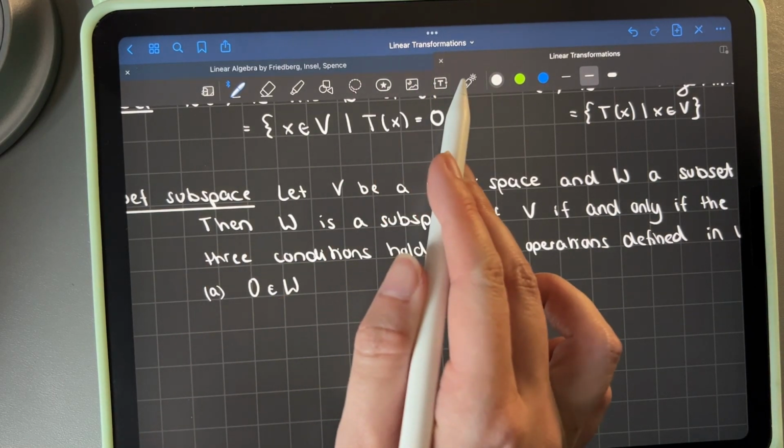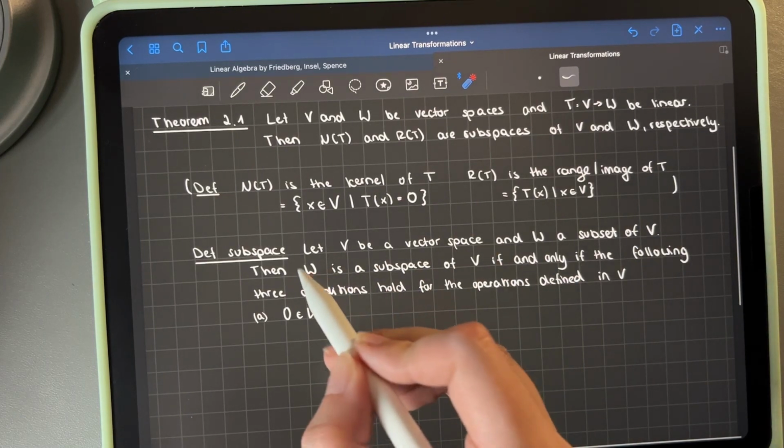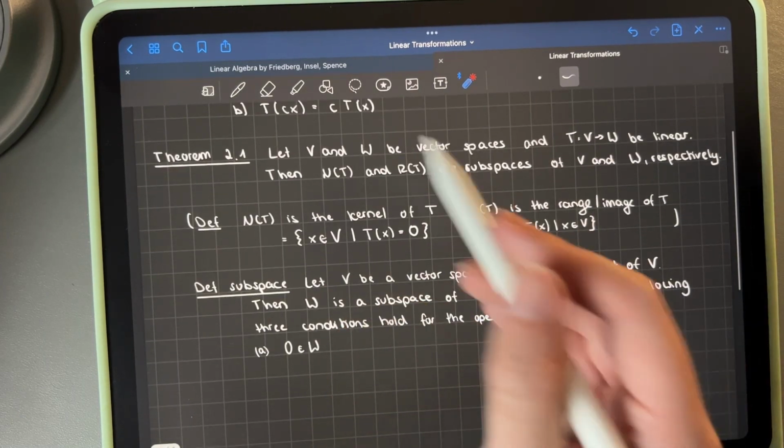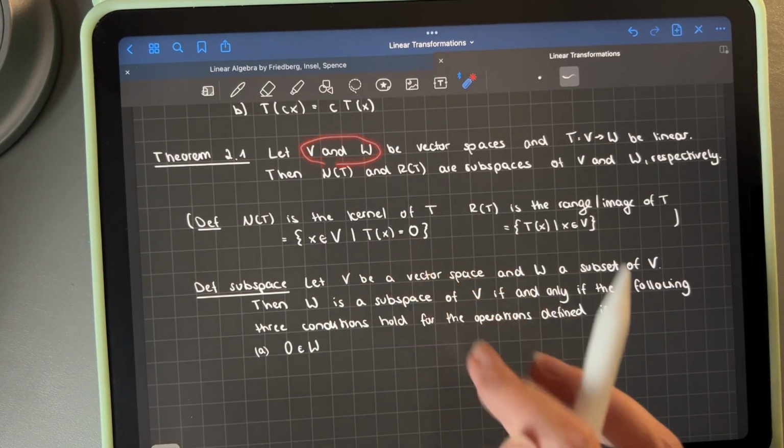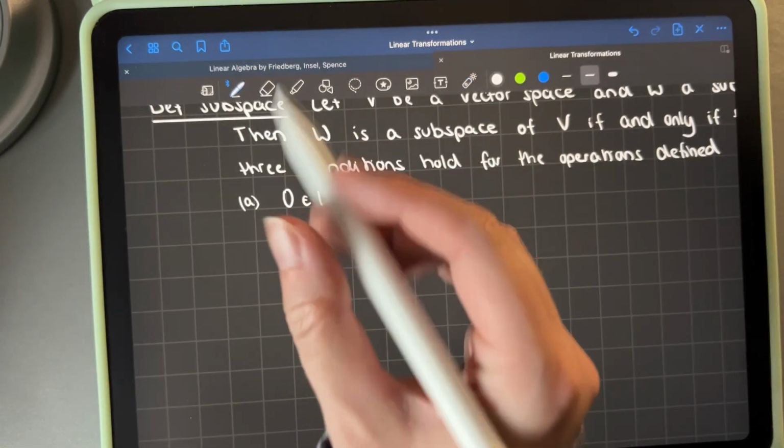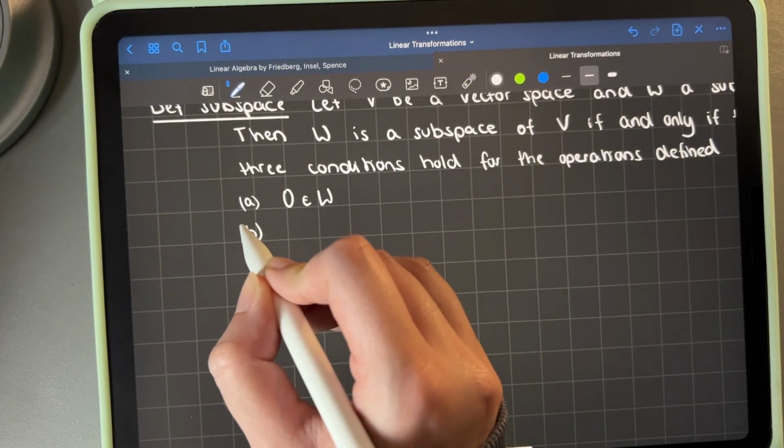This is a bit confusing here because here this is the subspace and here these are both vector spaces, so don't be confused by that.